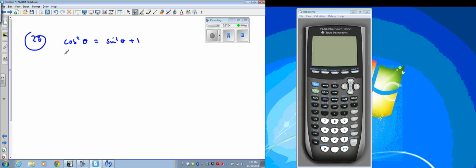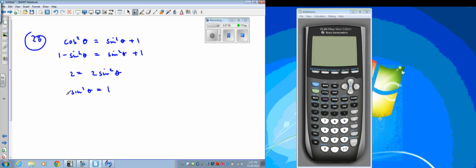Well, this is what I would do. Then I could move this thing over here and this one over here. I could get 2 equals 2 sine theta, so that sine squared theta would equal 1. Right?